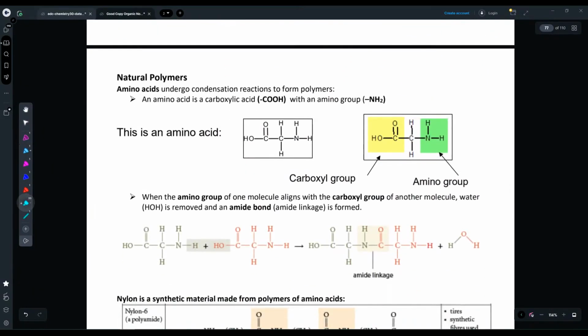All right, so some examples of natural polymers would be amino acids, which undergo condensation to form polymers. Okay, so with amino acids, you could think of them as the monomer. Okay, the polymer would be proteins.